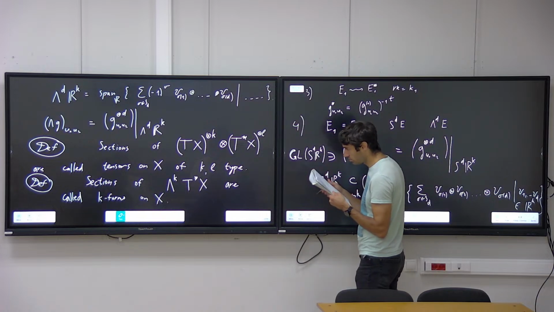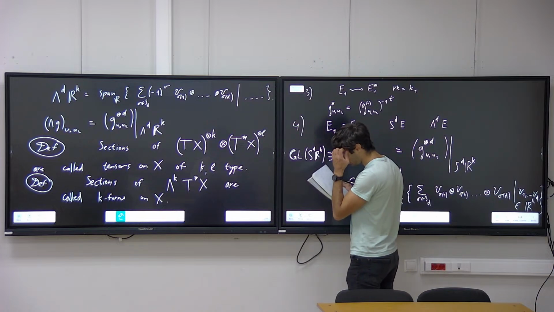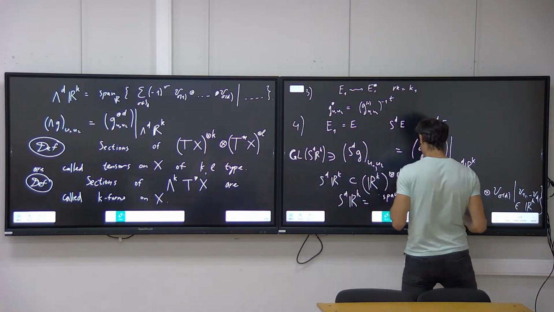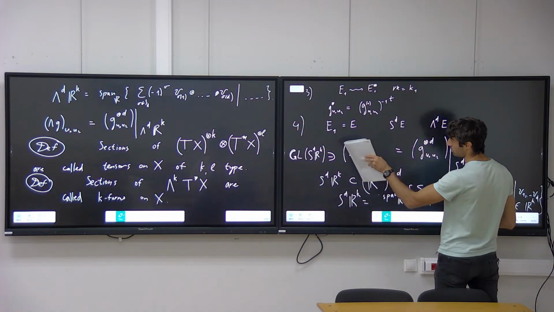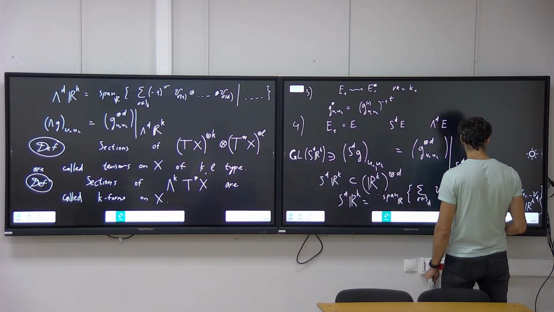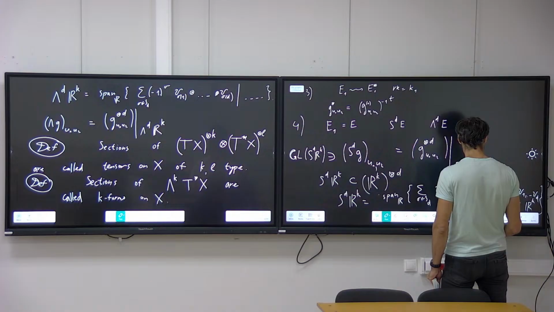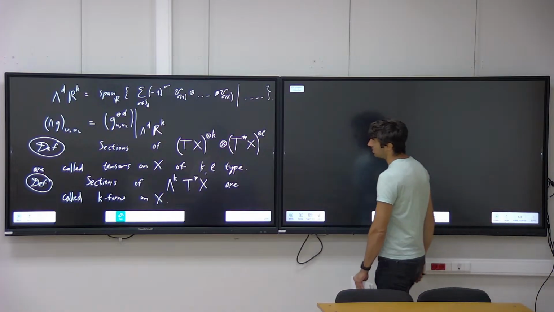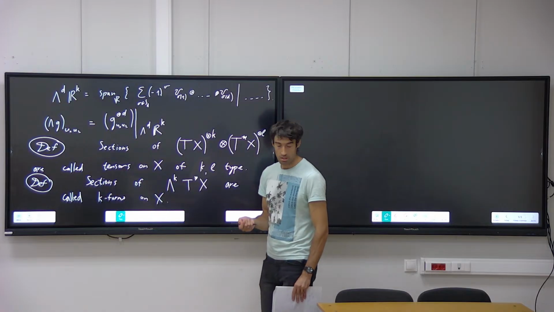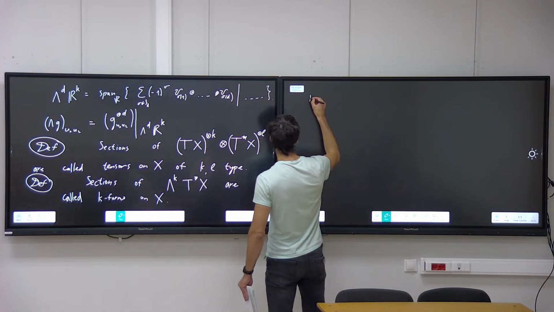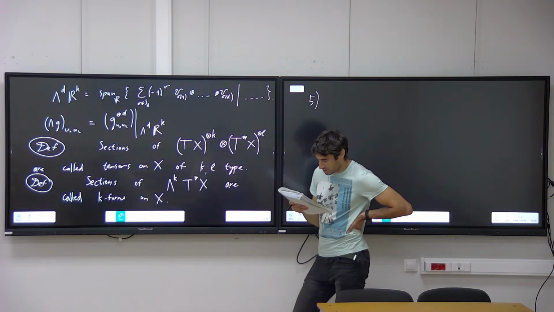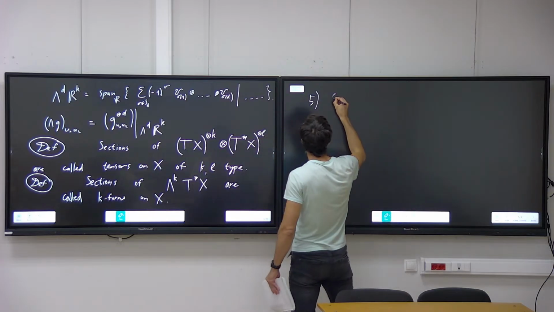So then I would like to go and study in more detail what I can do with forms. But before that, I want to consider example number 4, what I can do with two vector bundles. So I can also consider a quotient. That will be the fifth example. Fifth, yes. I cannot count, sorry. So the quotient bundle.